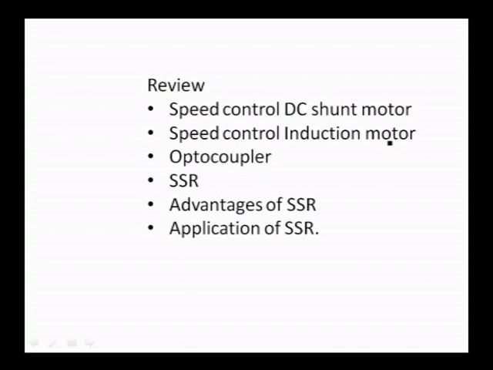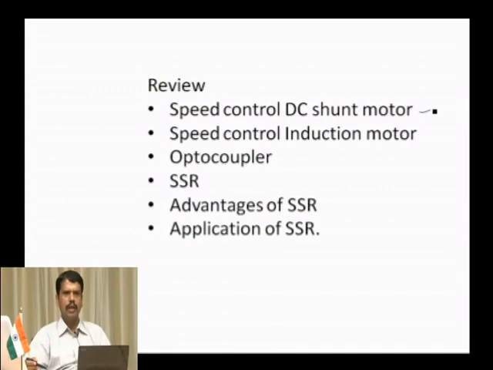The topics we have covered in this session begin with speed control of the DC shunt motor. Speed can be varied by varying the applied voltage, which is varied using a phase control rectifier. How do we vary the rectifier voltage?